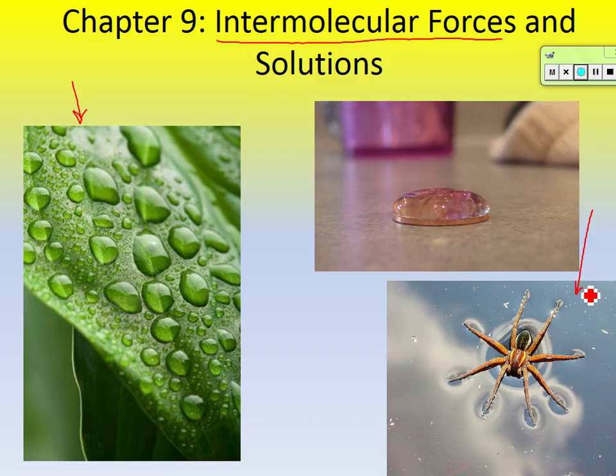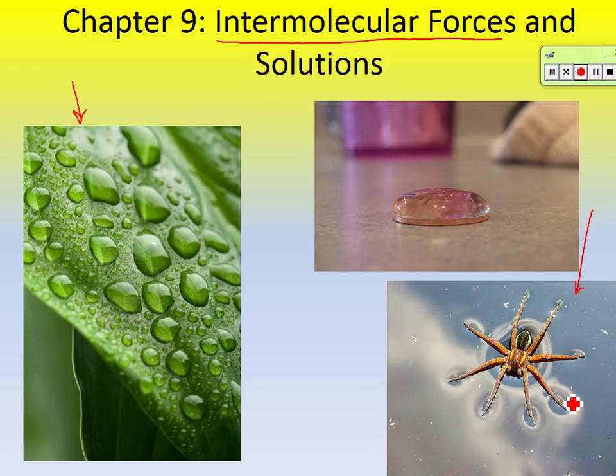On the surface of water, like a lake or a pond or any body of water, that water is attracted to itself and it wants to grab another water molecule, and it causes surface tension. And that surface tension is seen in this picture with this spider. Small insects, or in this case a spider, can walk on water.